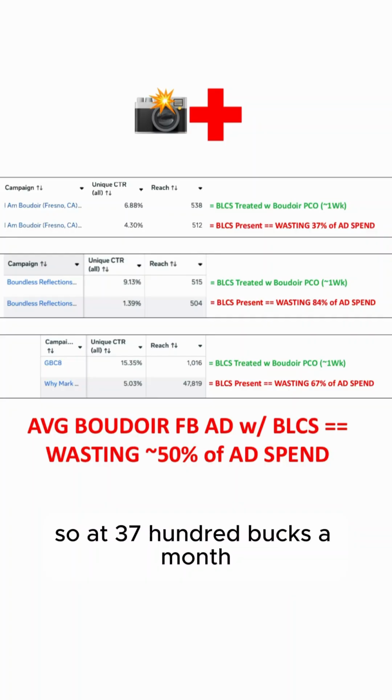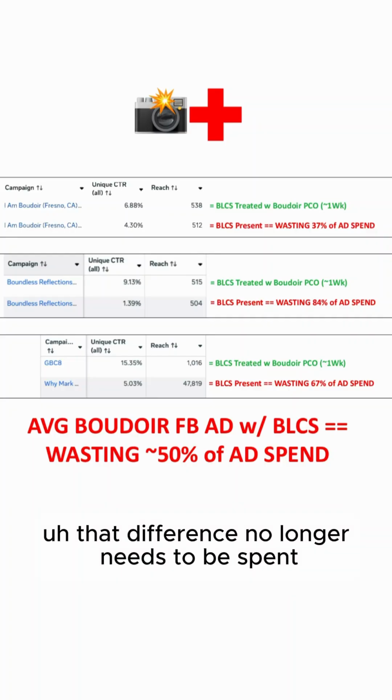So at $3,700 a month, that difference no longer needs to be spent.